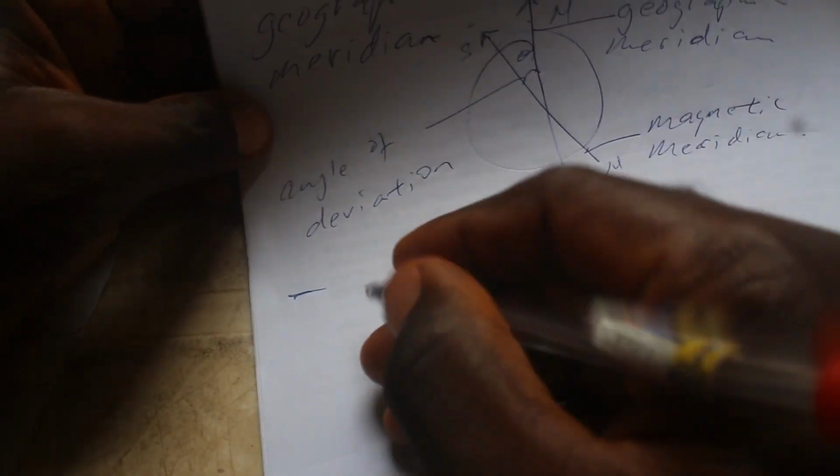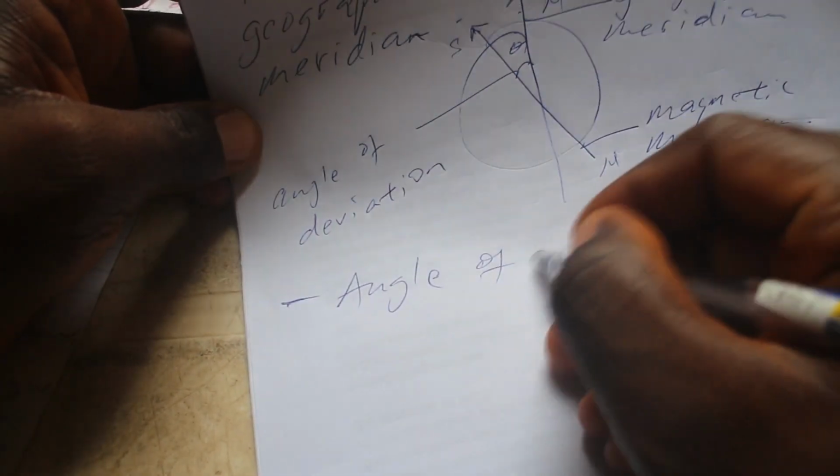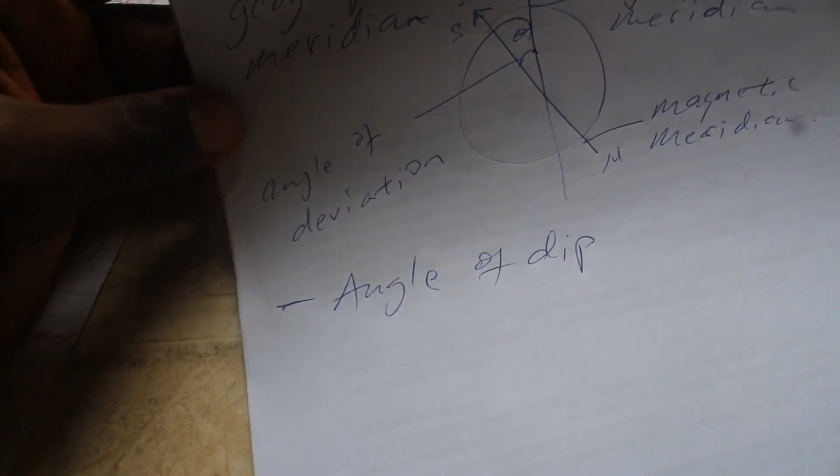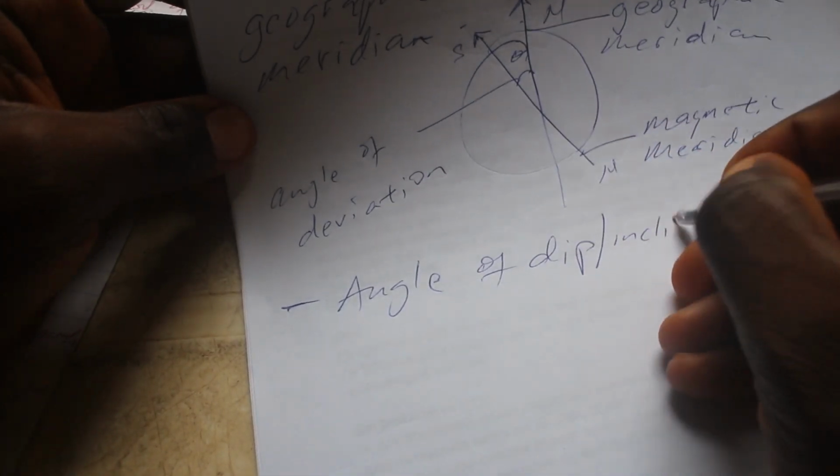Now what about the angle of dip? You can either call it angle of dip or angle of inclination. What is it really?